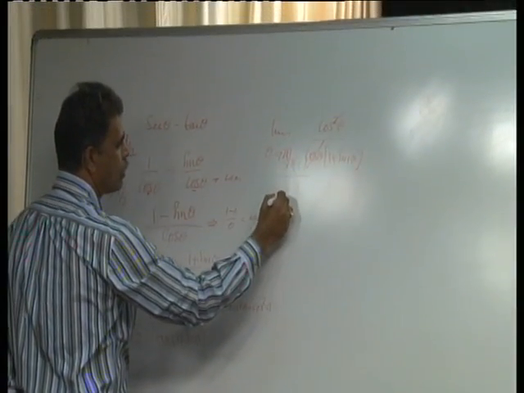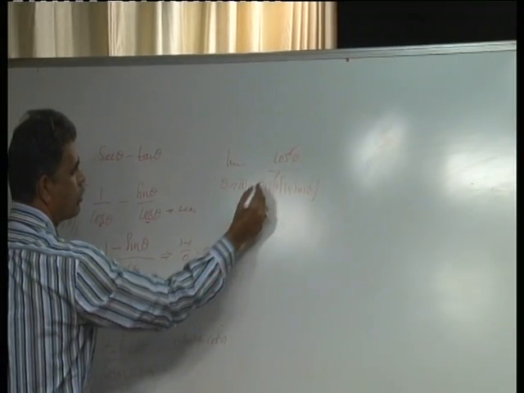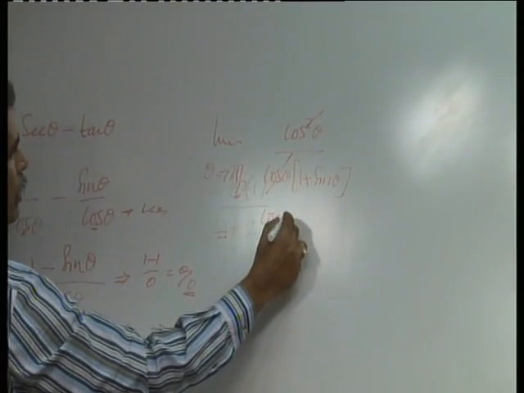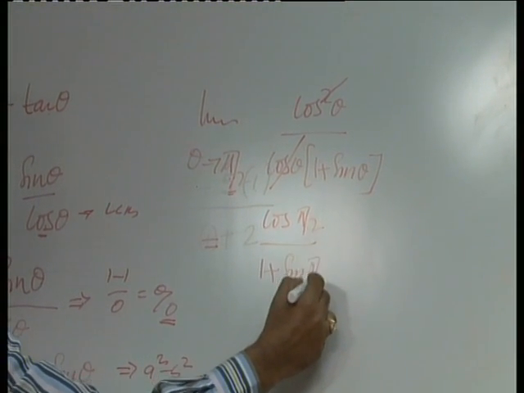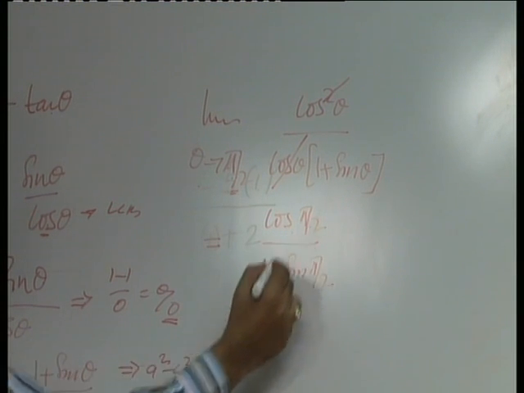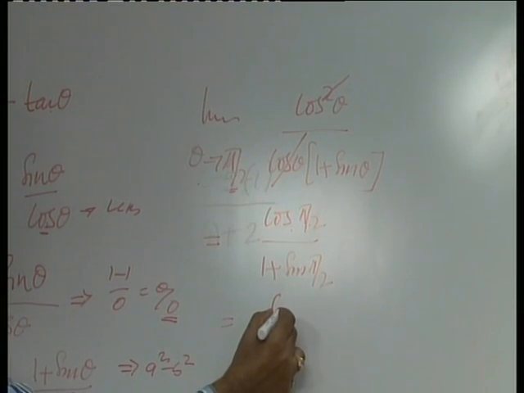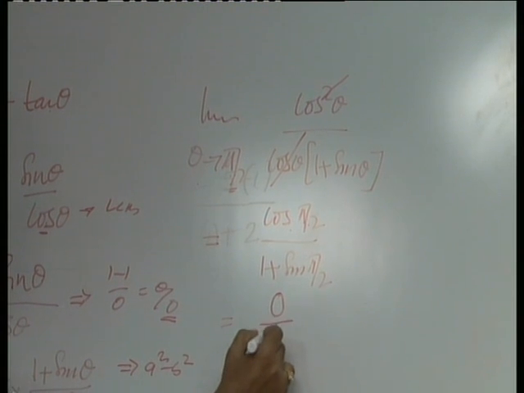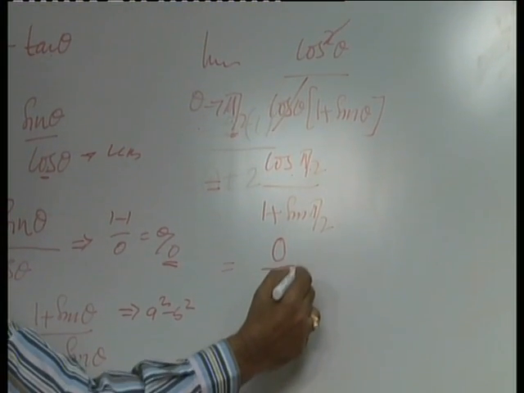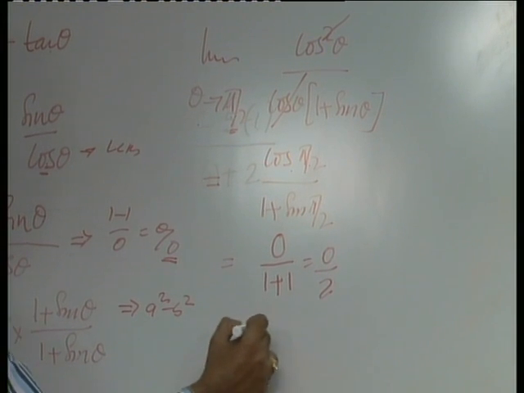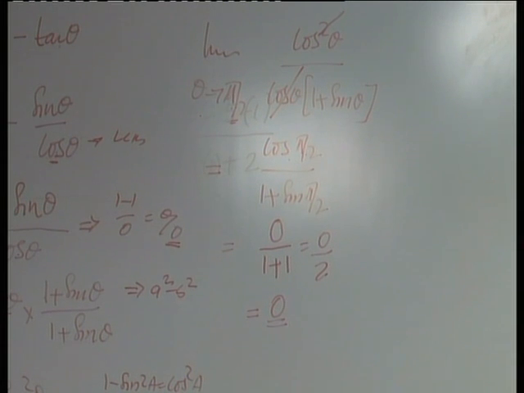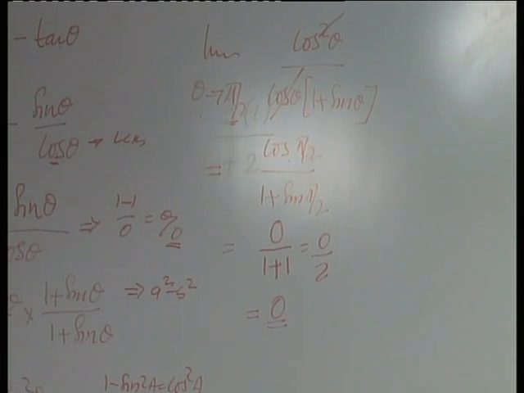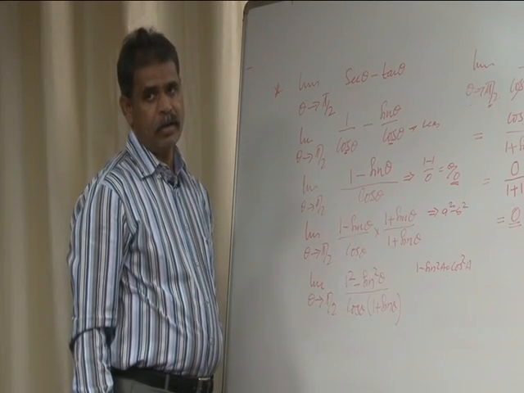Now apply the limit, theta is equal to pi by 2. Cos pi by 2 divided by 1 plus sin pi by 2. Cos pi by 2 is always 0, 1 plus sin pi by 2 is 2, 0 by 2 is equal to 0 only. This is our answer for the problem: limit as theta tends to pi by 2 of secant theta minus tan theta.